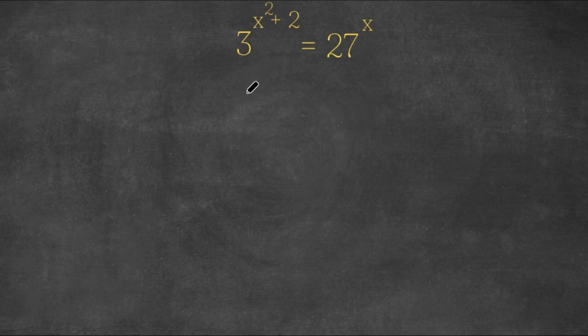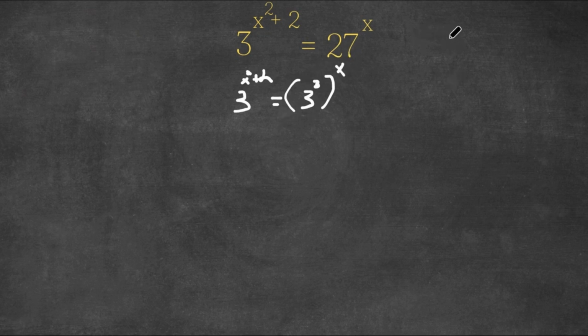So we're going to change this to 3 to the power of x squared plus 2 equals 3 to the power of 3 to the power of x. All we did was we simply replaced the 27 with 3 to the power of 3.